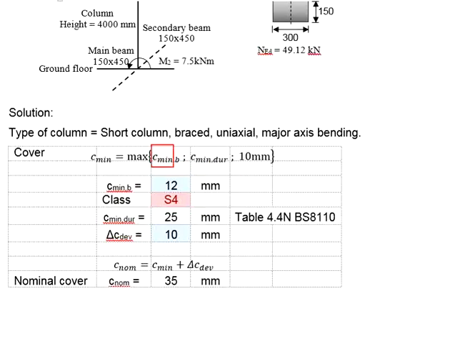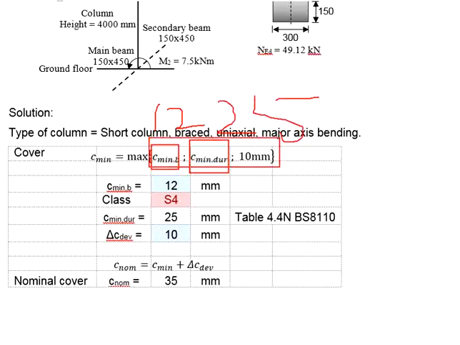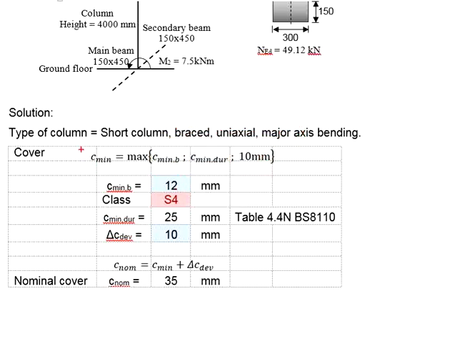Having the c_min,b and the c_min,dur obtained, c_min,b is 12, c_min,dur is 25. The larger value of the three shall be equal to 25. That gives us c_min equals 25. c_nom shall be equal to the c_min plus the allowance for the deviations.